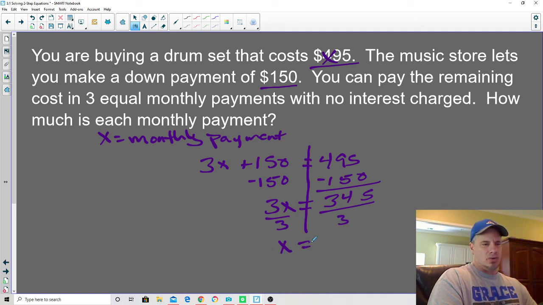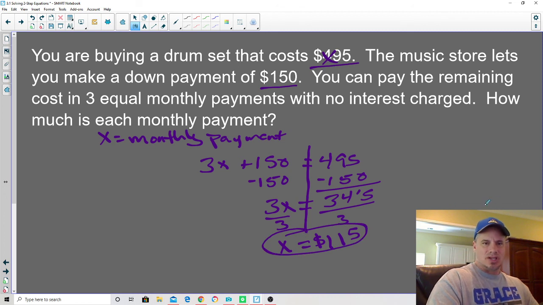I get x equals, that's 1, and we're going to carry the 1 there. 3 into 15 goes 5 times. So x equals $115. So each monthly payment made is $115, and since it's a word problem and it's money, we're going to put a little dollar sign there. $115. And that should take care of 3.1.